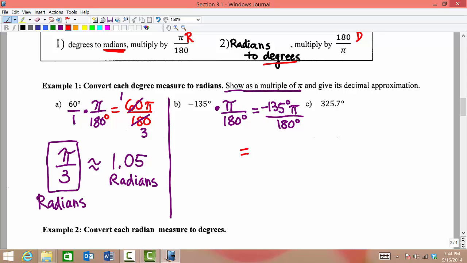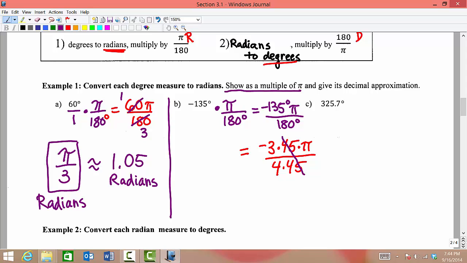And if I were to look toward canceling common factors here, 45 times 3 would be 135. So let's factor that. So that would be 3 times 45 is 135, and then 180 is 4 times 45. And we see that they have a common factor, or they're both divisible by 45.